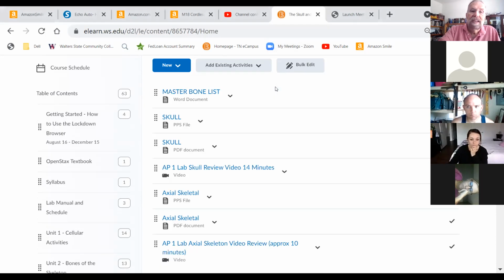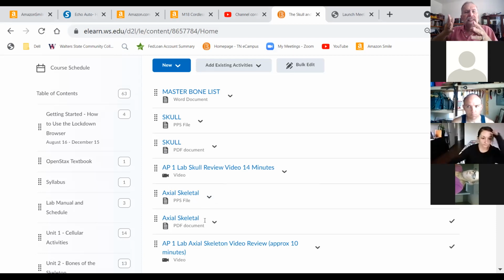You'll also have the PowerPoint file and the PDF file here for the skull. Here is a 14-minute video. I made a very short review of the skull. The axial skeleton has its PowerPoints and PDF file. The axial skeleton is the vertical axis, so it'd be the vertebrae, the ribs, the sternum here that articulate with the skull.